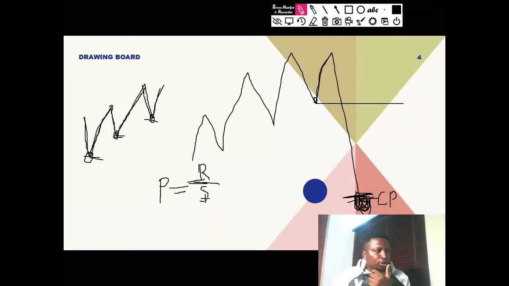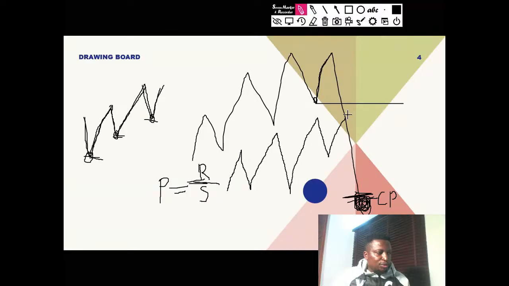So let me give you a clear picture. So let's say this is market. Price is moving up, came down, went up, came down, went up, came down, went up, and stopped here. This is where price is at the moment, and you choose to mark this as support.